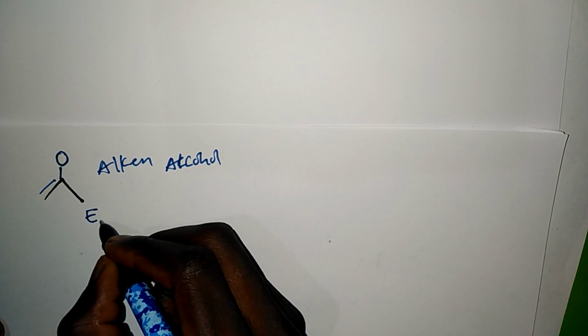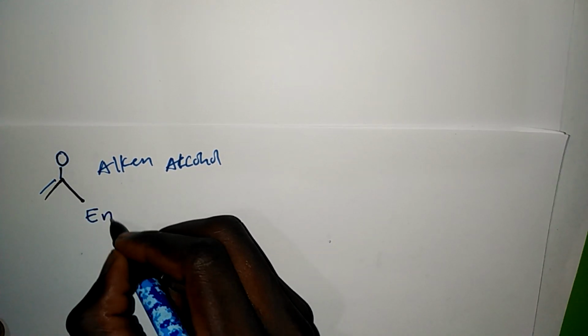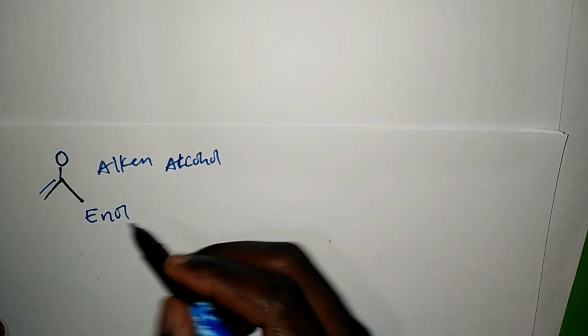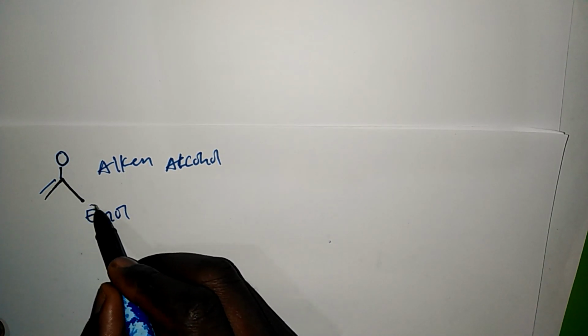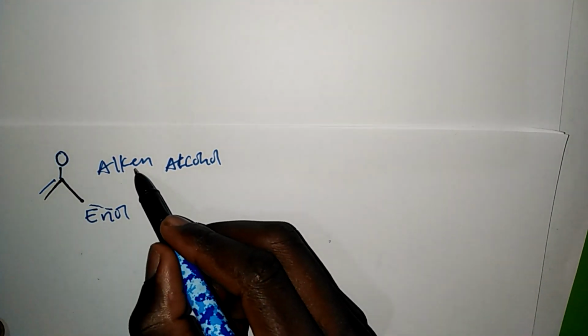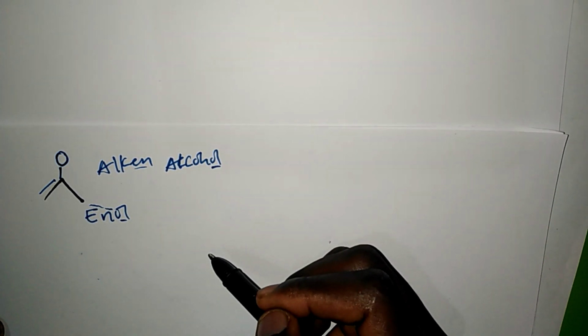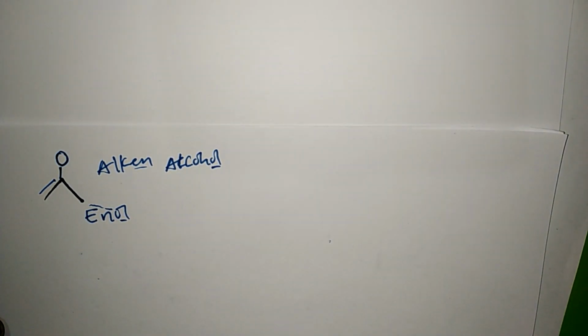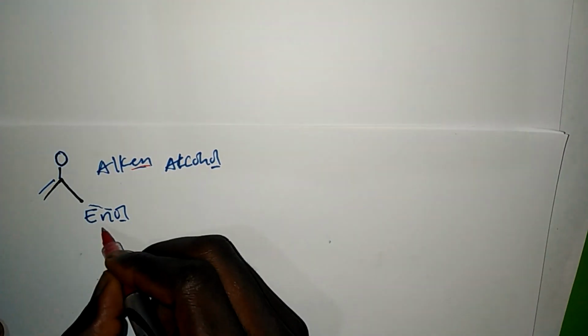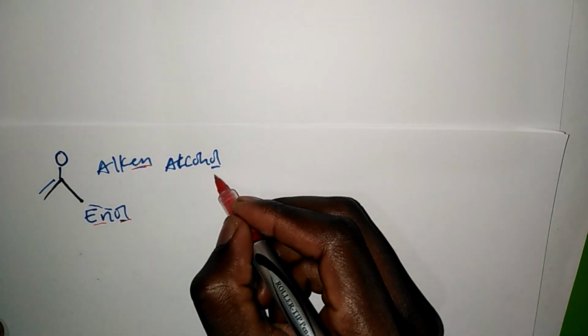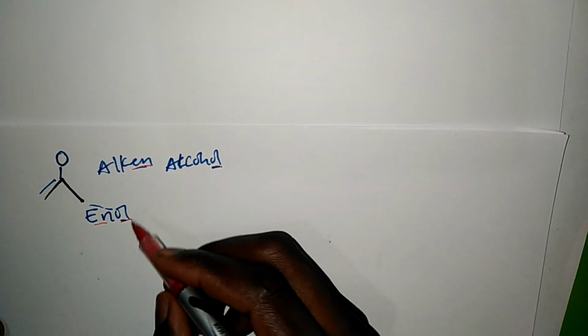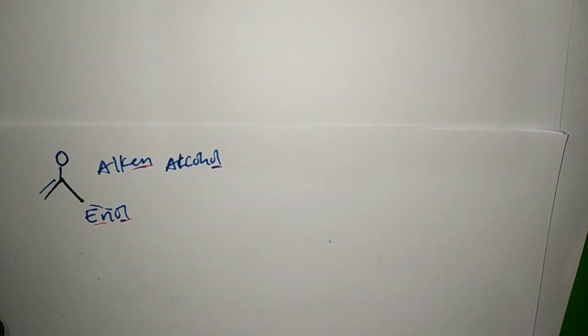Right? And this functional group is known as an enol. The En part comes from the alkene, and the Ol part comes from the alcohol. So we call it an enol.